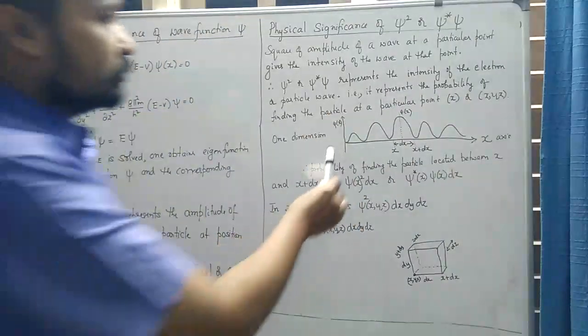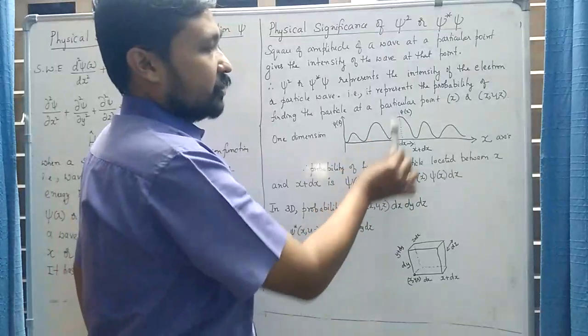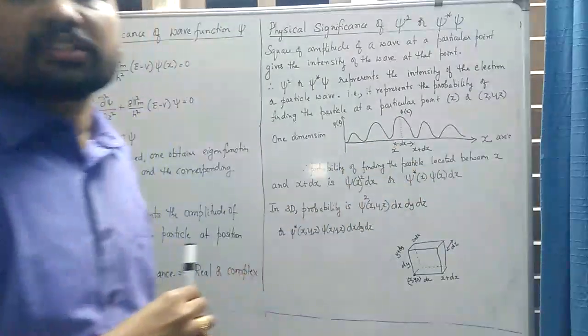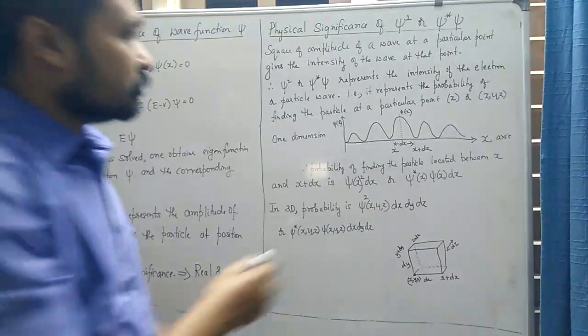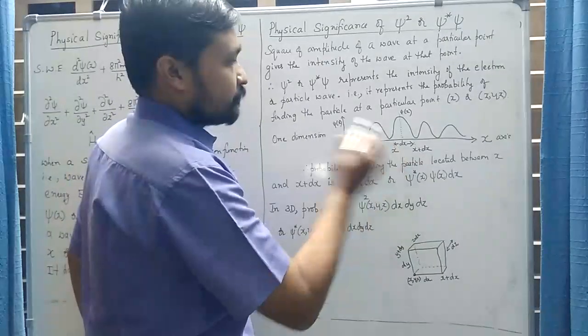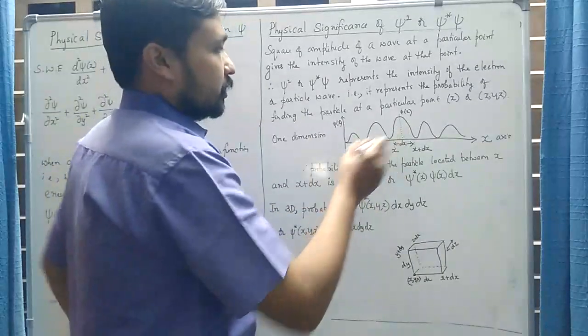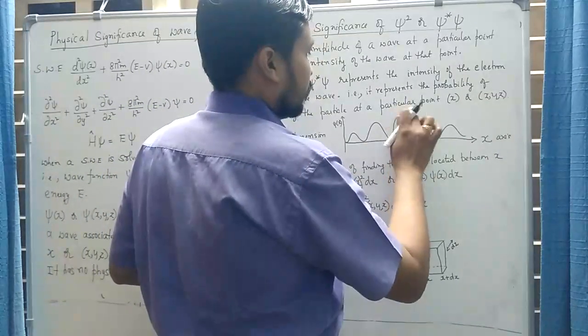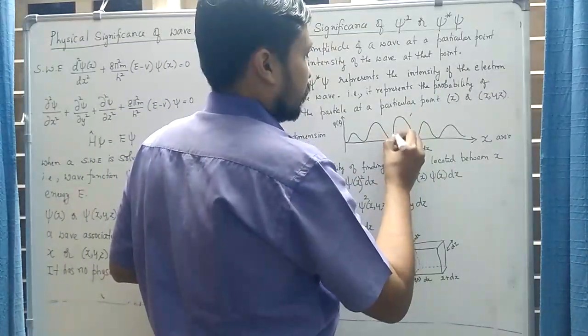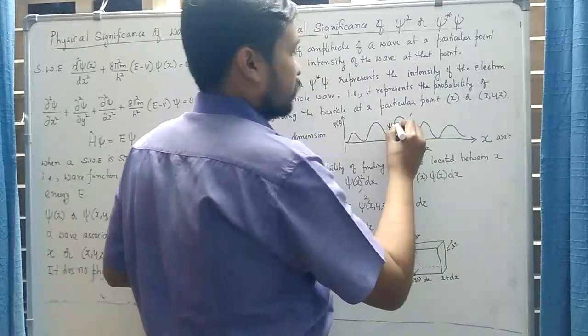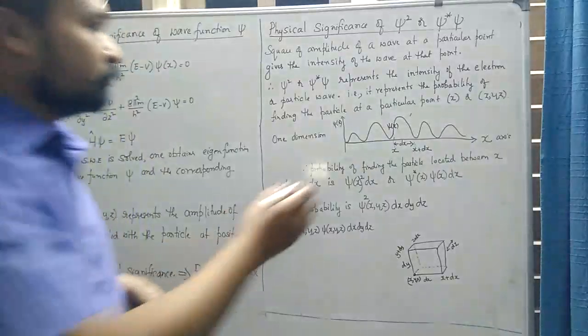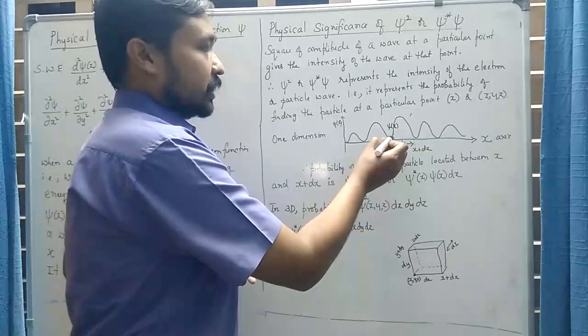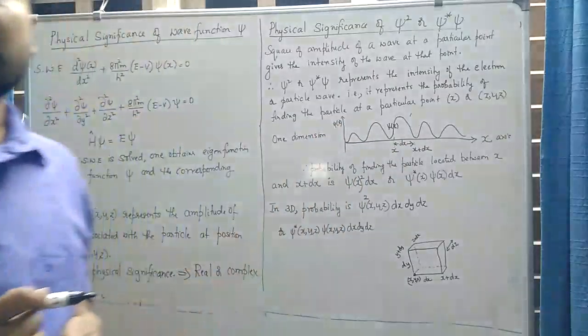As the value of x changes, the height of the wave, that is the value of the wave function psi of x, also changes. Let me take one particular position x of the particle where the wave function has value psi of x.